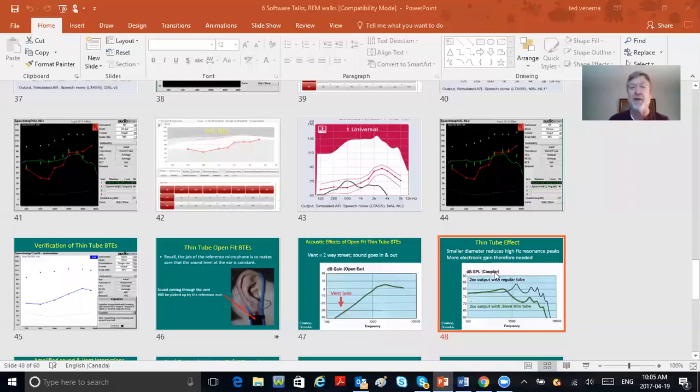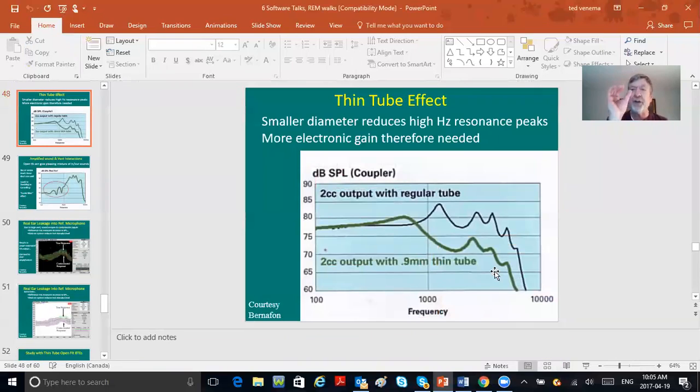Anyway, back to the picture here, share screen. This all highlights the fact that when you've got something with a thinner tube, you're going to reduce the highs. So thin tube BTEs, the manufacturers had to be very careful to note that that's what was going to happen with that thin tube as opposed to regular 13 tubing. Number 13 tubing has an internal diameter of 2 millimeters.